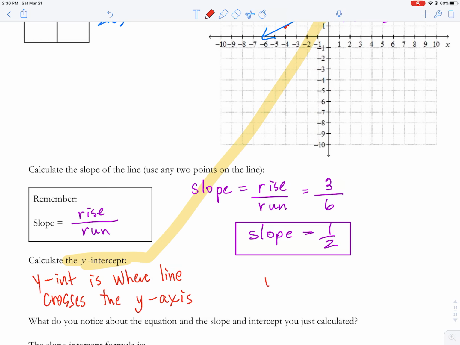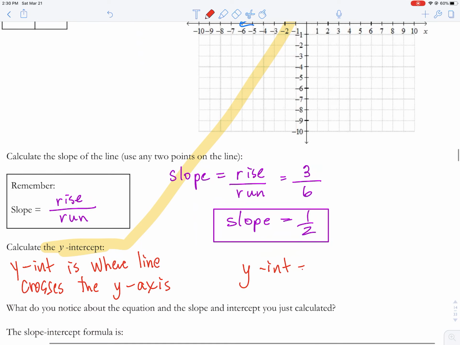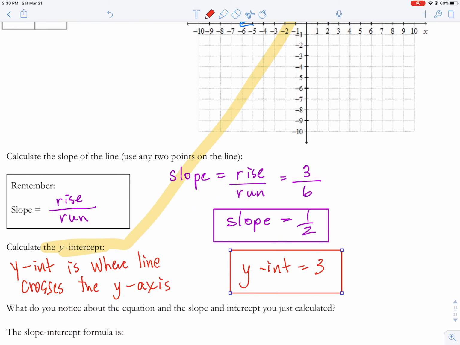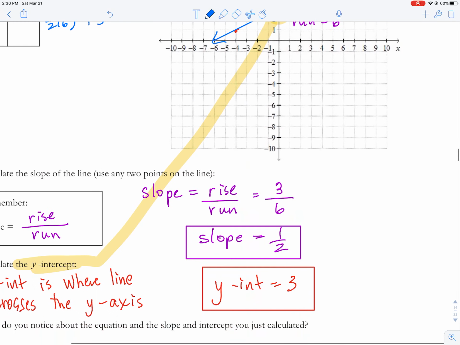So in this case, my y-intercept was at a height of 3. So I've got the slope is a half and y-intercept is 3. And this was all being done for the line y equals 1/2 x plus 3.